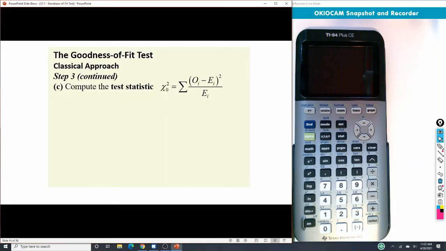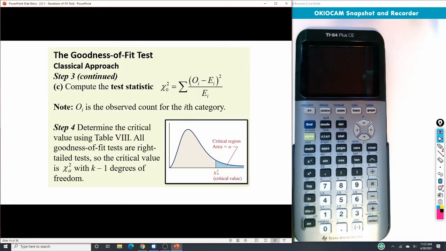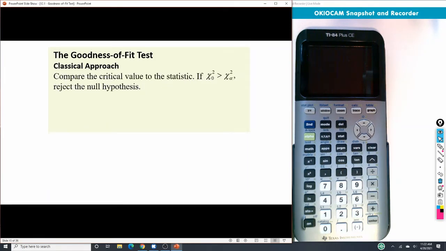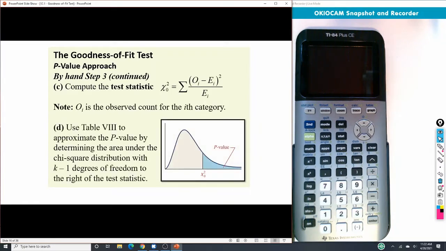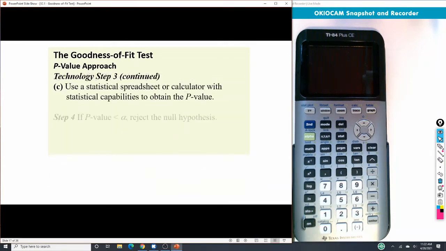Then we compute our test statistic and compare it against our critical value for chi-squared. We can also do our p-value, and we'll use the calculator on all of those.